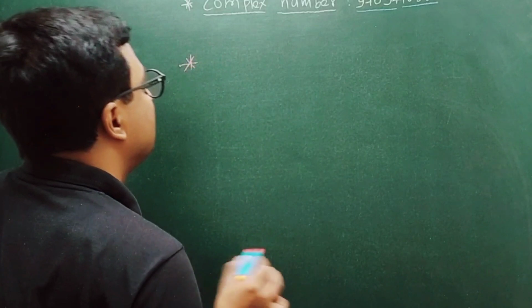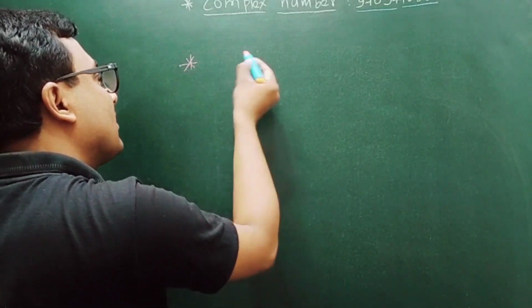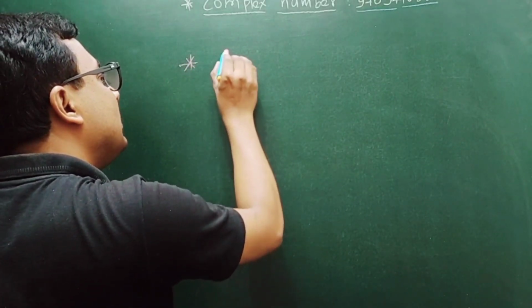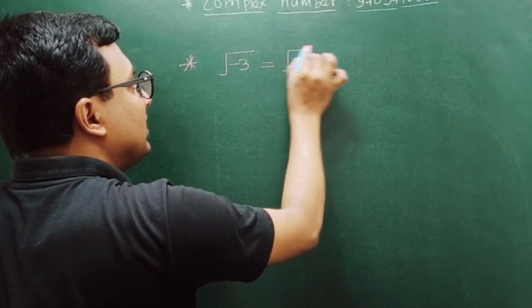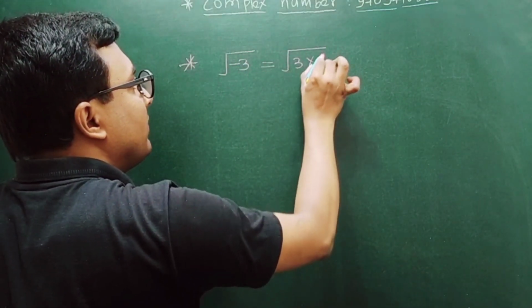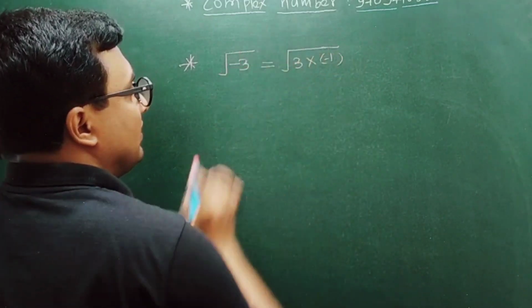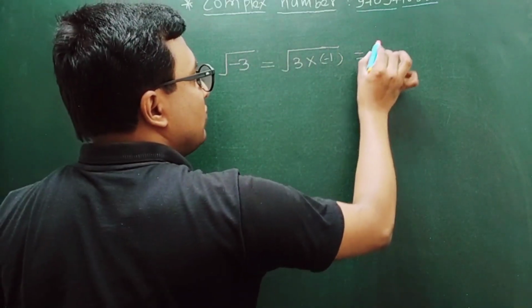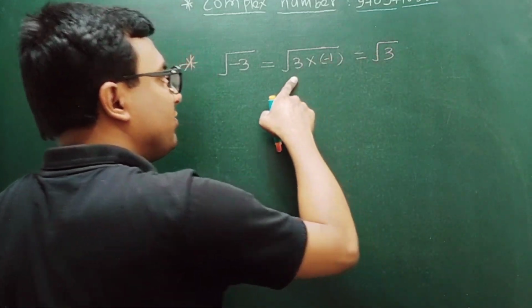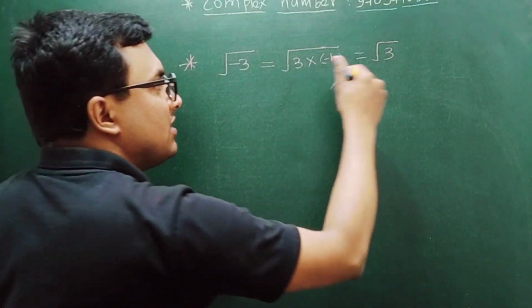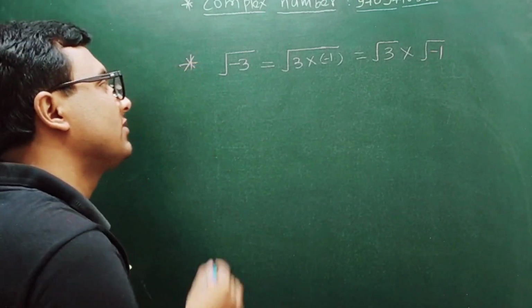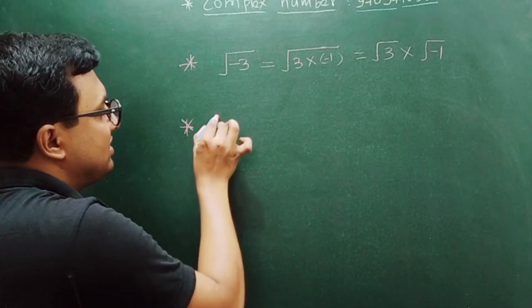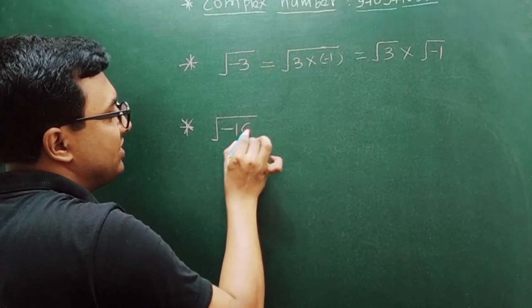New concept here. Root under minus 3 is written as root under 3 into minus 1. That means root under 3 into root under minus 1, where one number is positive and one is negative. Again, see your next example, root under minus 16.